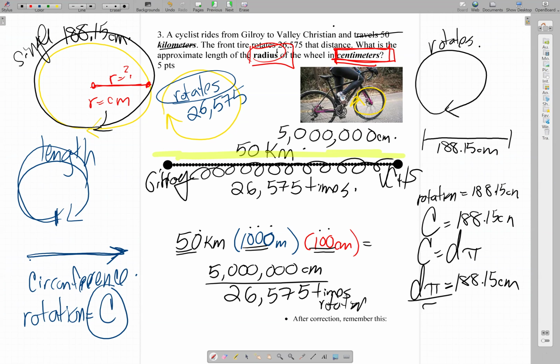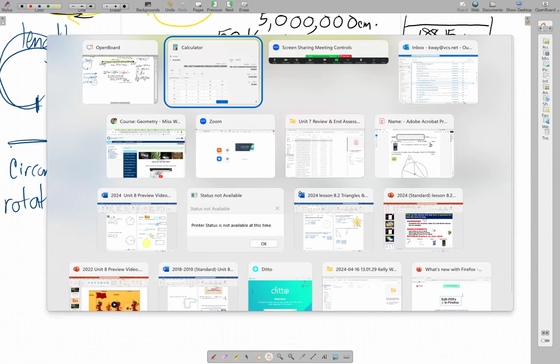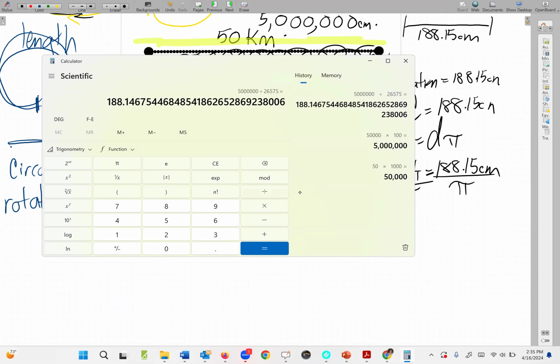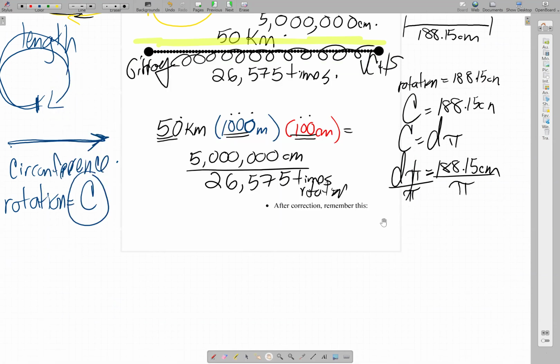Last step, or second to last step, I can divide by pi. You're just asking yourself, what can I find here? So I take my diameter and divide by the pi key, or 3.14, and I get 59.88. Diameter is 59.88 cm.